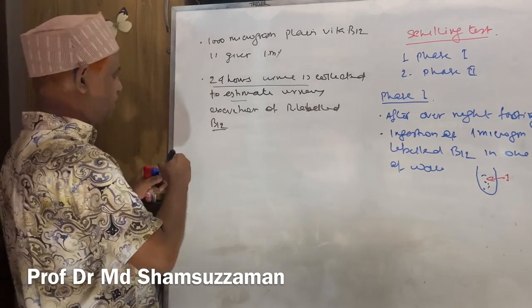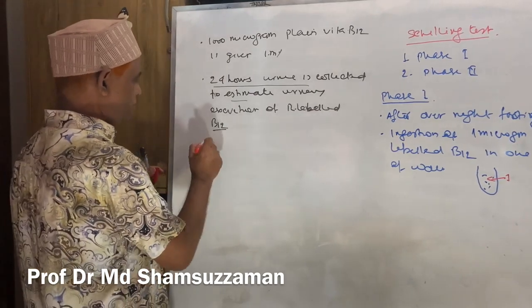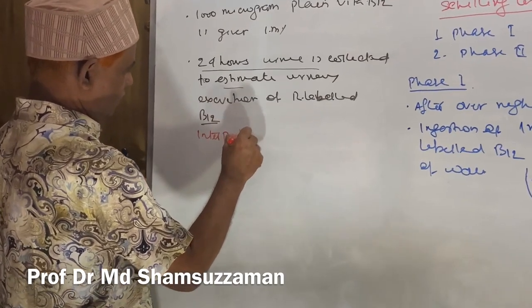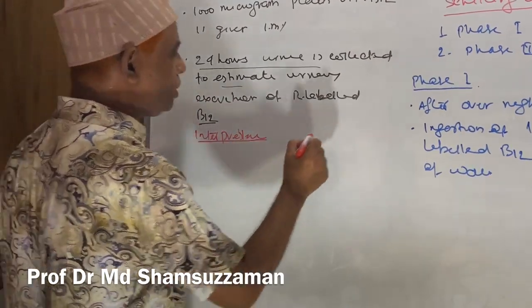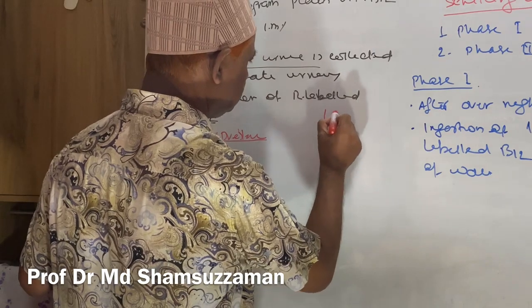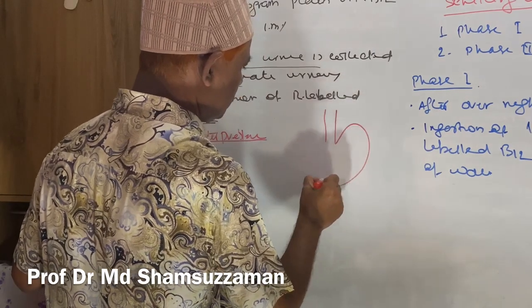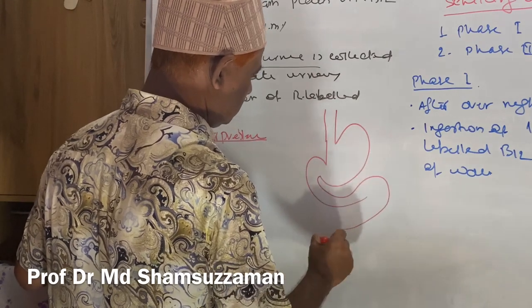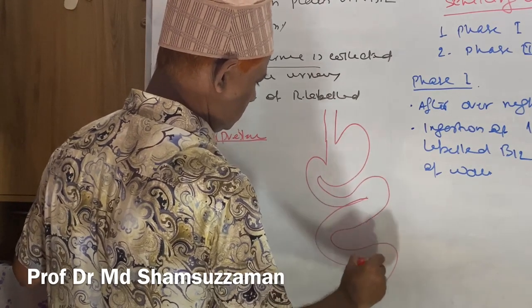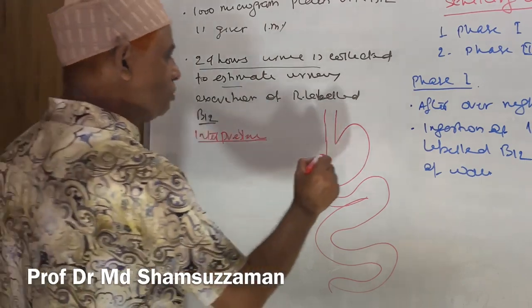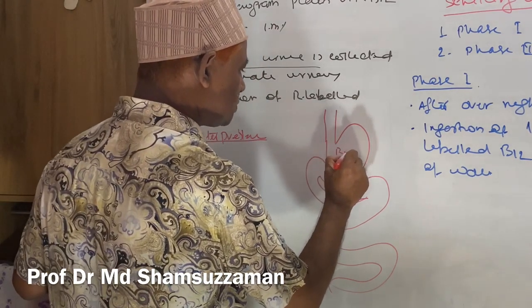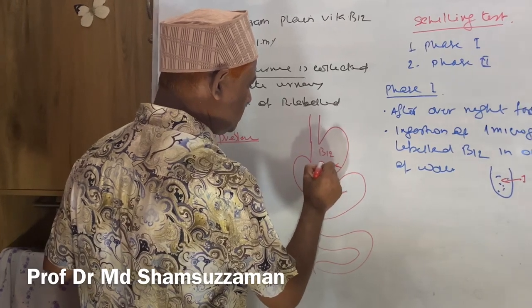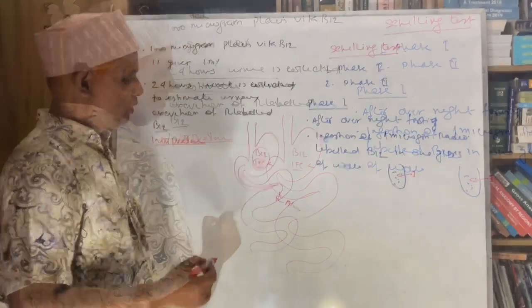Now come to the interpretation of the first phase. If this is the stomach and this is the intestine, when vitamin B12 comes into the stomach, there is secretion of intrinsic factor of Castle from the stomach.